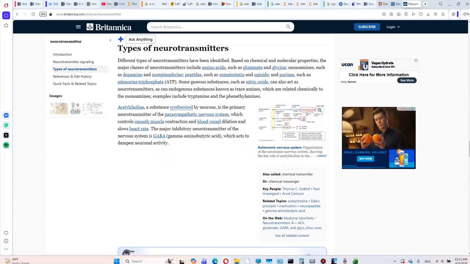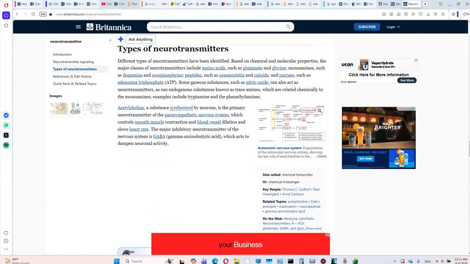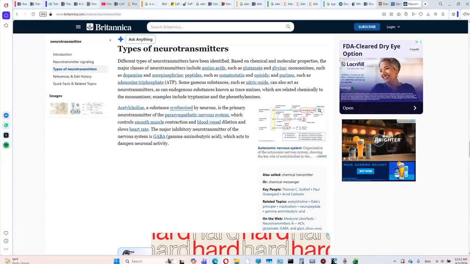Types of neurotransmitters. Different types of neurotransmitters have been identified based on chemical and molecular properties.